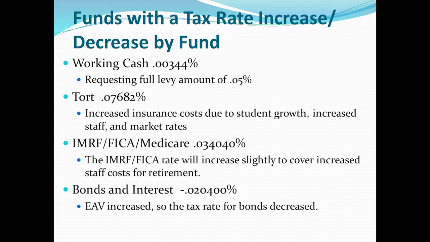And then IMRF, FICA, and Medicare will increase because we'll have to have additional staff for the growth that we're expecting, as well as staff raises, and the retirement pay goes up and payroll taxes go up with salaries. And then bonds and interest. The EAV is increased, so our bond and interest rate is actually going to go down for this year.